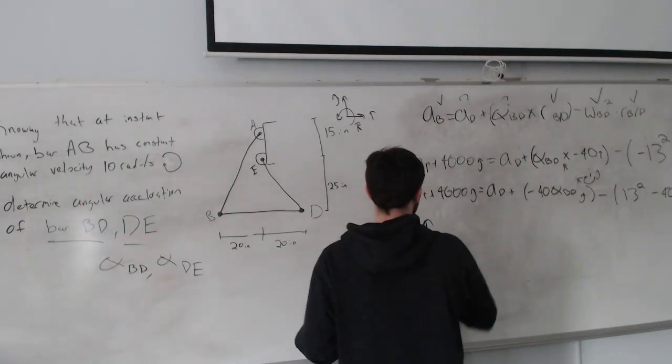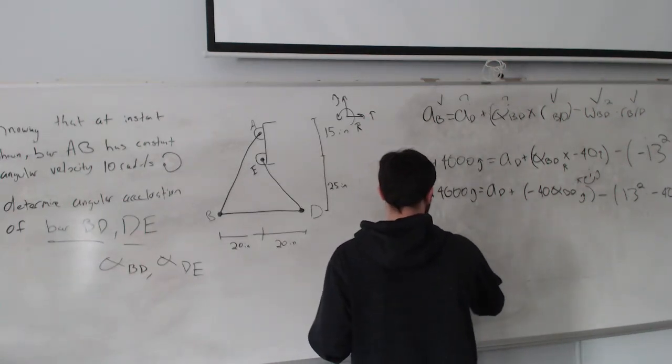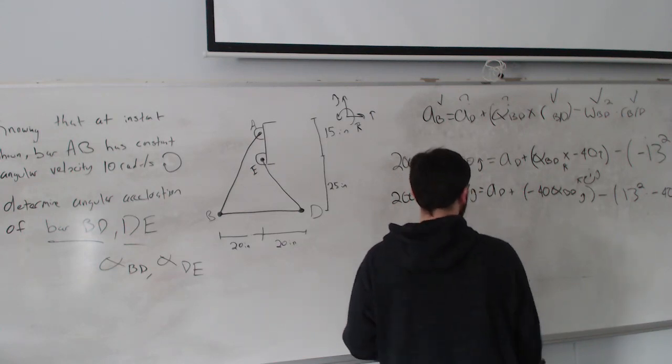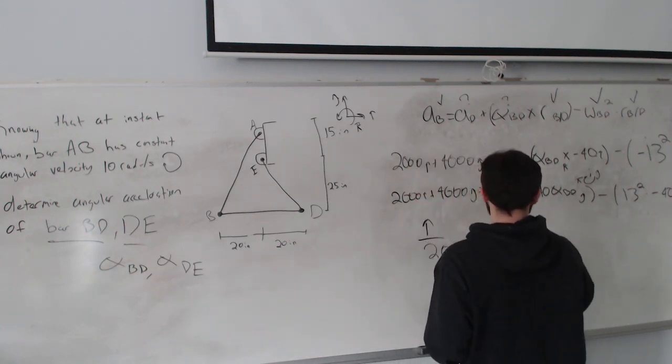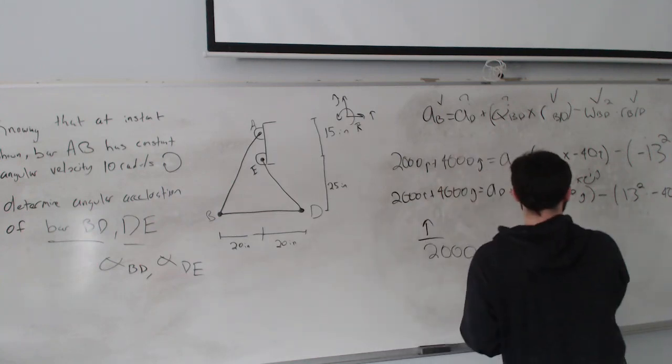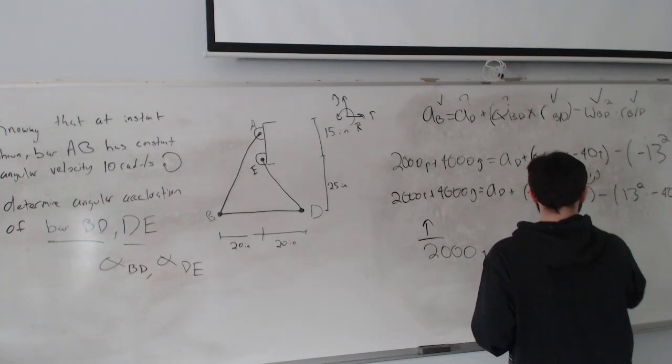All right, now just looking at I components. 2,000 in the I direction equals acceleration of d in the I direction minus a constant.